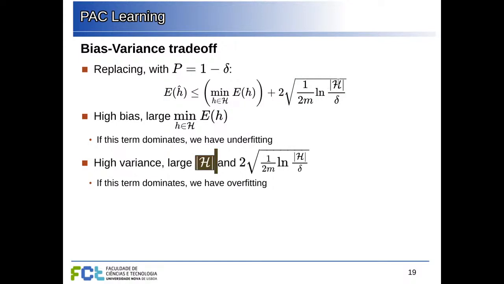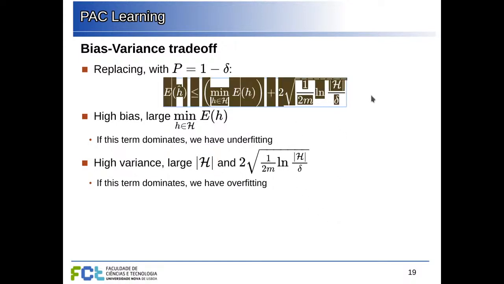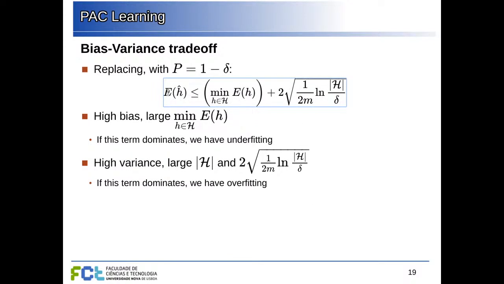We have a very large hypothesis class, this term starts to dominate, and the problem we have with the true error of the hypothesis we find is not that there are no good hypotheses in the hypothesis class. They may be, but it's hard to find them unless we have a lot of data and we can really narrow down the region for these hypotheses. So we can see here this trade-off between bias and variance in a more formal approach.